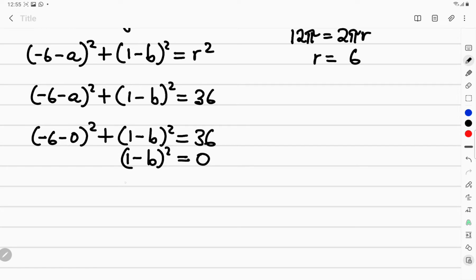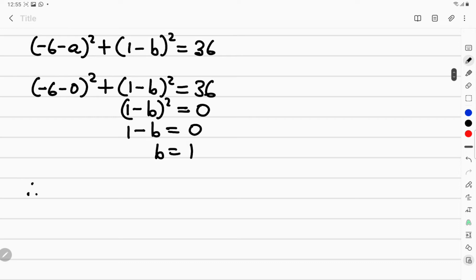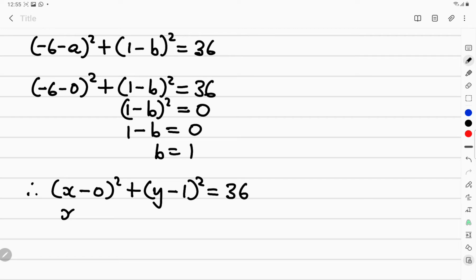You apply the square root on both sides, and you're going to have b minus 1 equals 0, then b equals 1, meaning that the equation at last will therefore be (x minus 0)² plus (y minus 1)² equals 36, which you can easily write as x² plus (y minus 1)² equals 36.